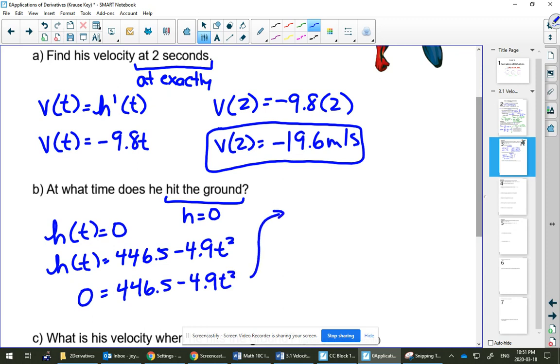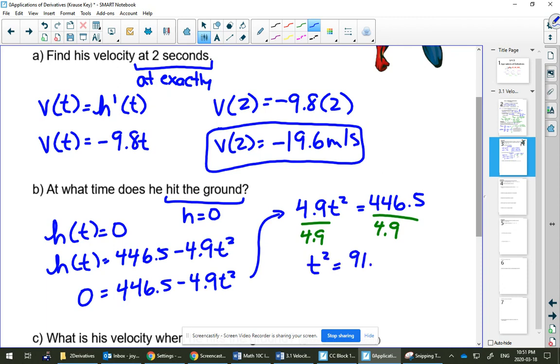Okay, so solving the equation, we've got 4.9 t squared equals 446.5. We'll divide by 4.9, and we have t squared equals 91.122.